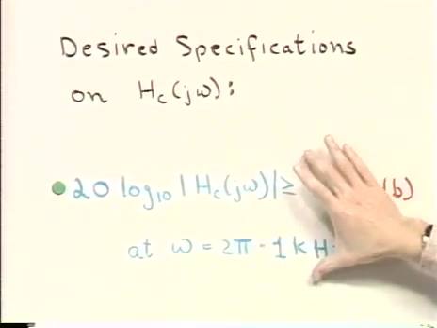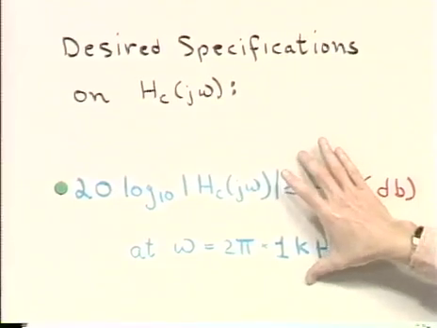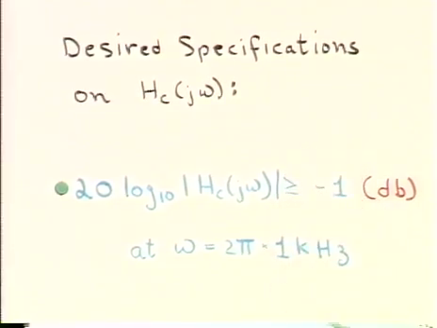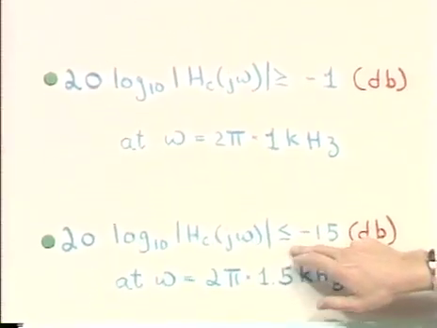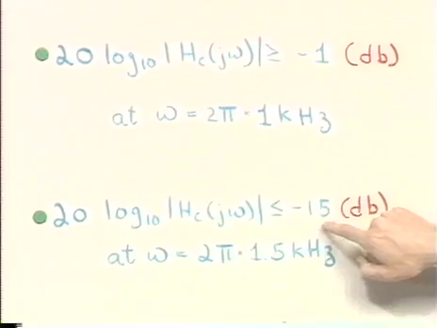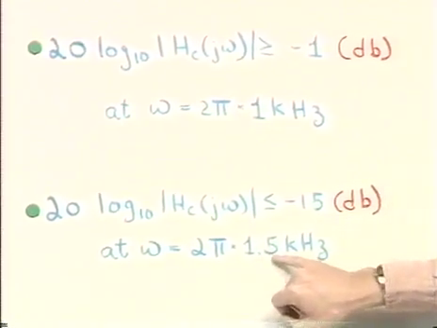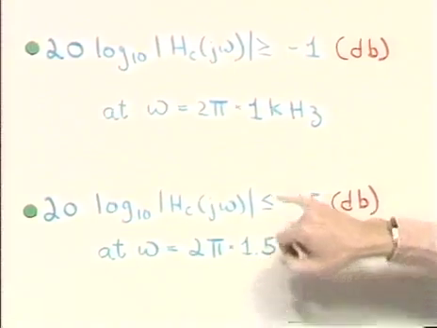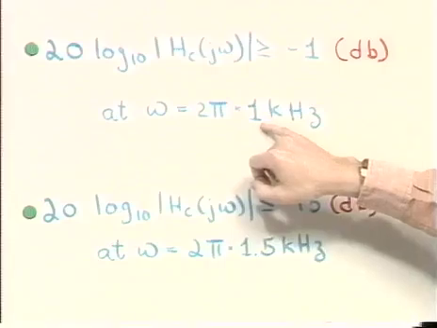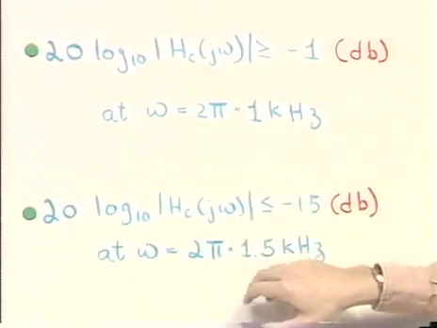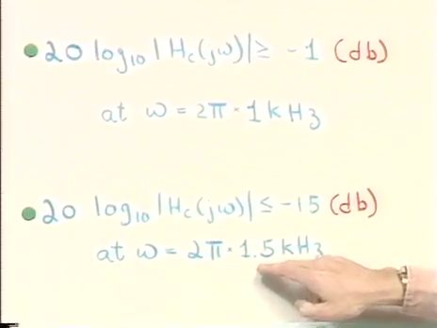So that, in effect, specifies the passband. And for the stop band, I'll specify that the filter is down by 15 dB by the time we've gotten to 1.5 kilohertz. So we have essentially the end of the passband at 1 kilohertz, and the beginning of the stop band at 1.5 kilohertz.